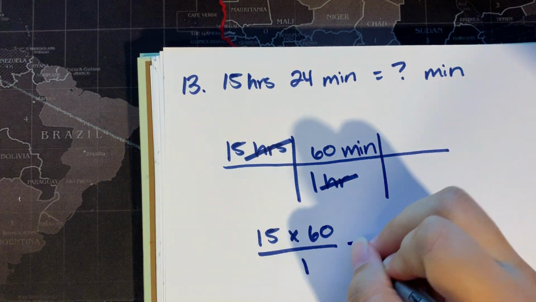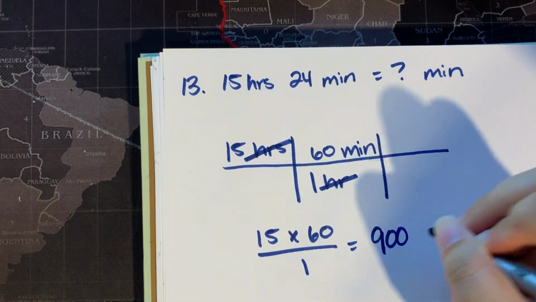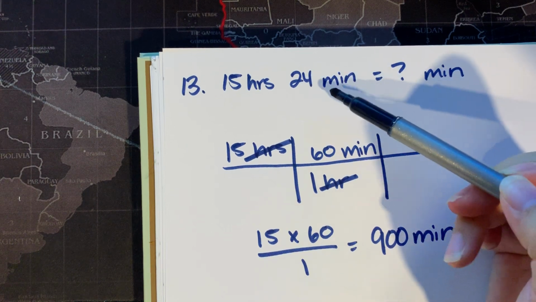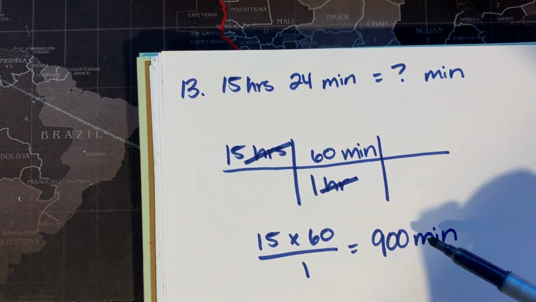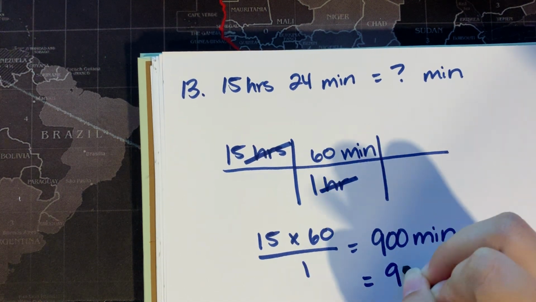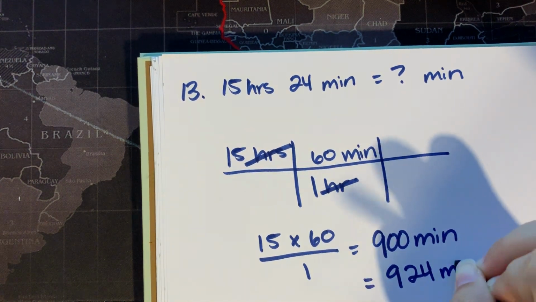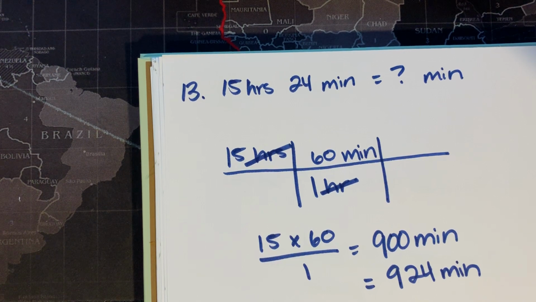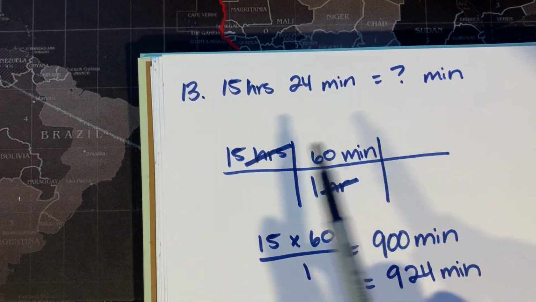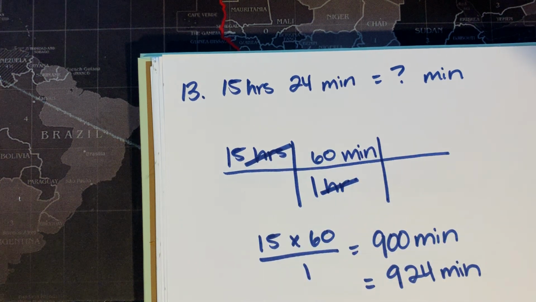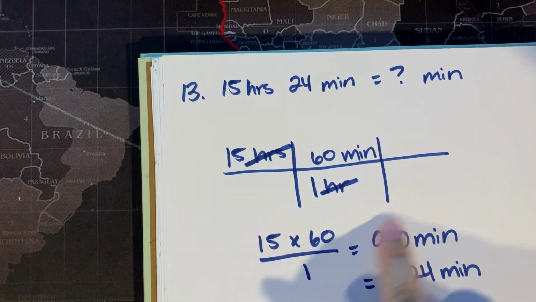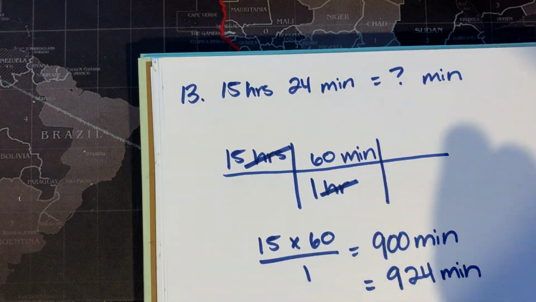You should get 900 minutes, and then you add your 24 minutes to that 900. So the final answer is 924 minutes. This is the setup that you need to be doing for these types of conversions. I'm pretty sure on the exam you're going to see this setup right here.